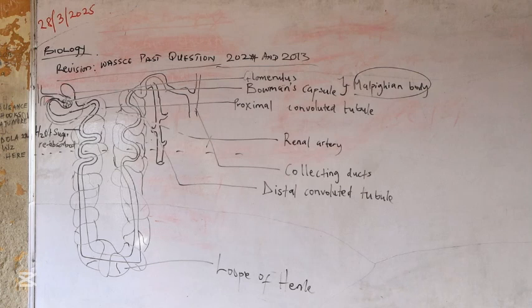They will tell you that in selective reabsorption, useful substances from the glomerular filtrate, water, glucose, mineral salt, plasma solute and amino acid, will be reabsorbed at the proximal convoluted tubule, the loop of Henle, and the distal convoluted tubule, and the remaining part will be taken by the collecting duct.